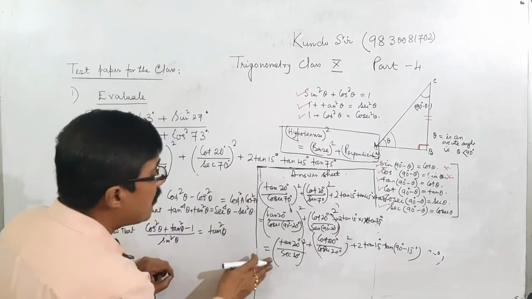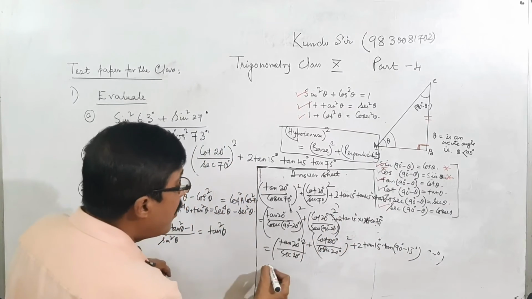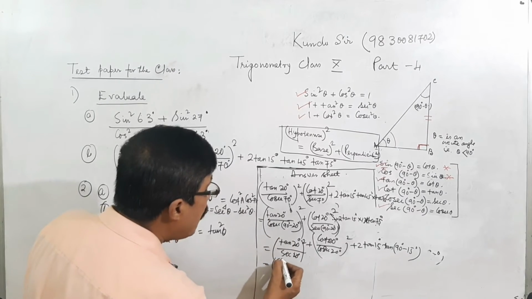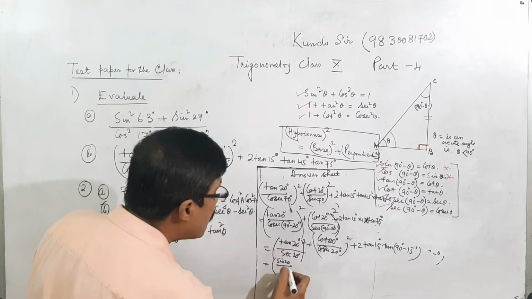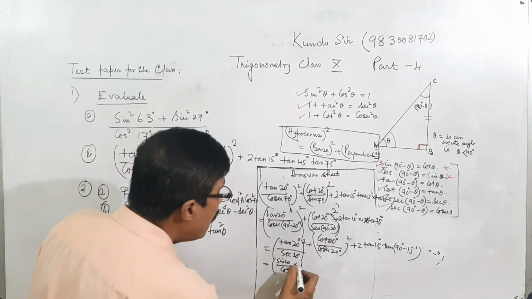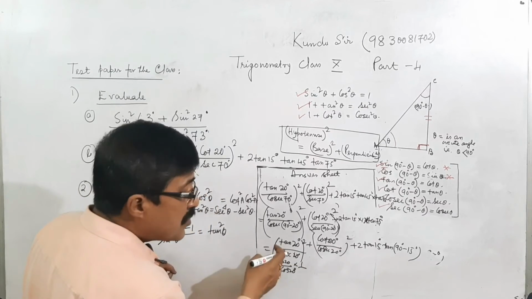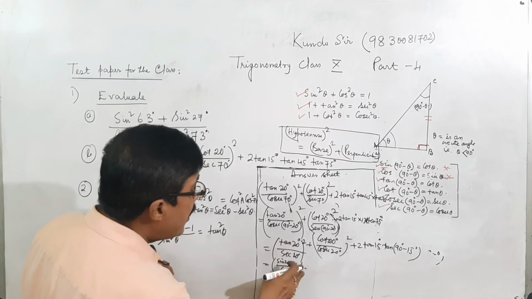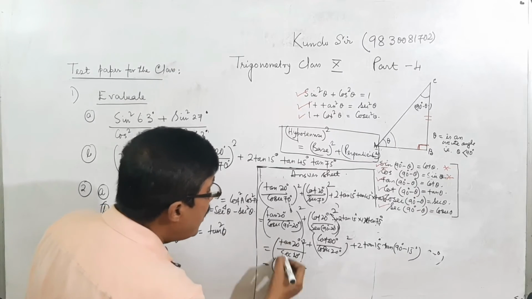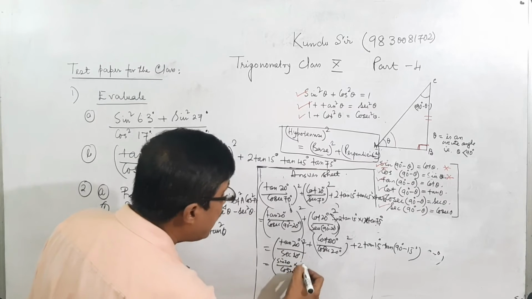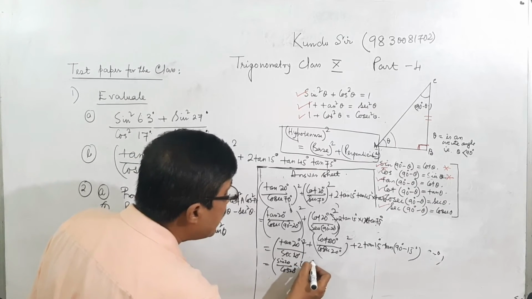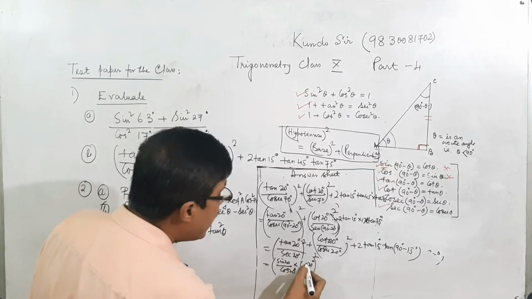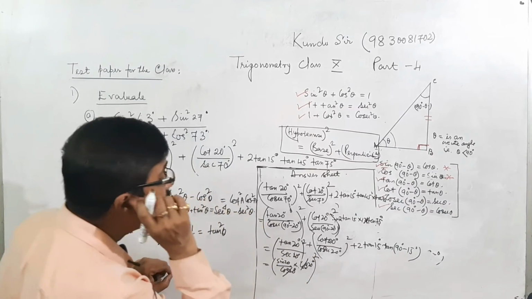The next step: tan 20 is sin 20 upon cos 20, into sec 20. 1 by sec can be written as cos 20 degree, as a result we are cancelling this.